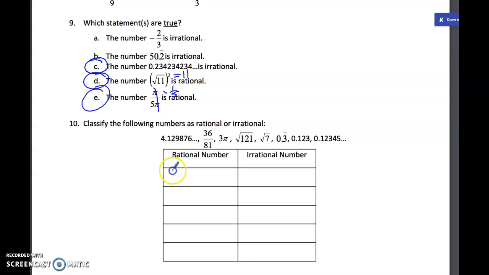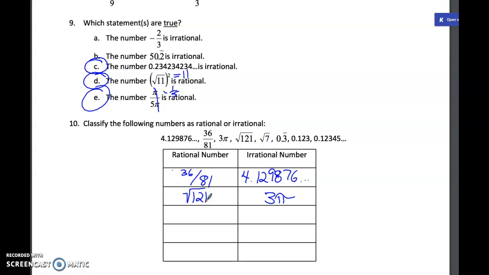Number 10, classifying as rational or irrational. The first one is never repeating, it is non-terminating, so that goes on our irrational. 36 over 81, it is a fraction, so rational. 3 pi, irrational. Square root of 121 simplifies to 11, so it is rational.